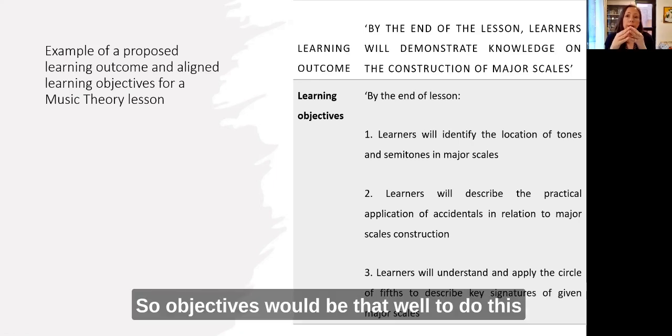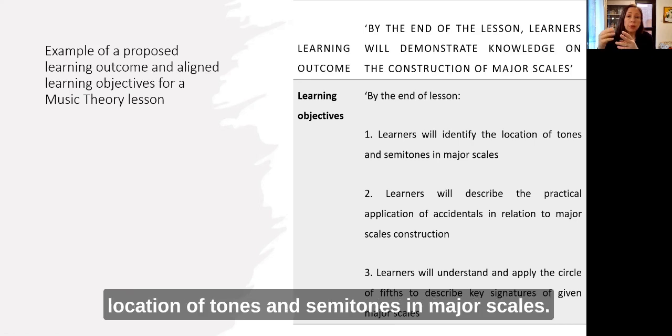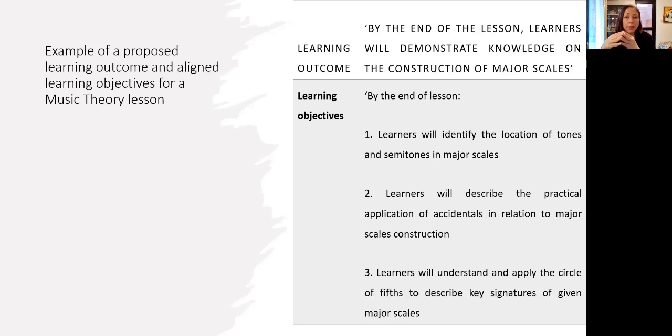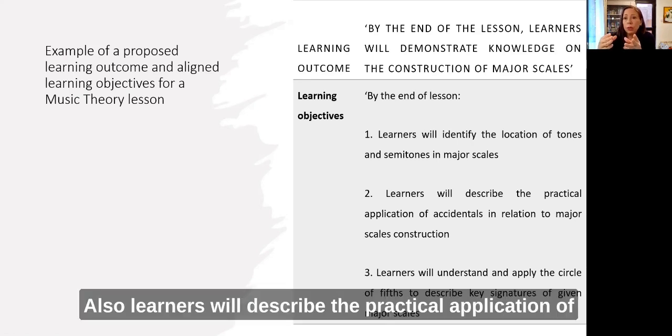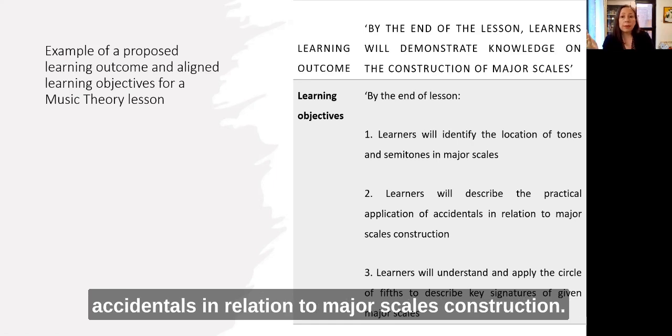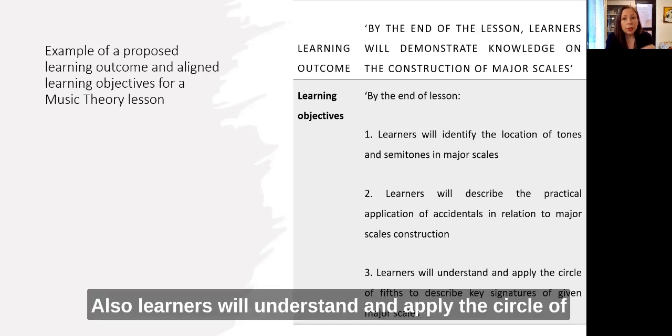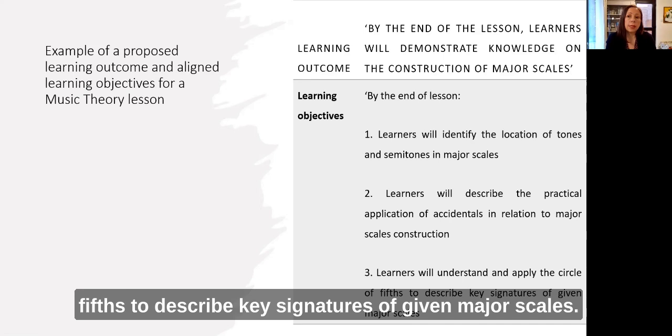Objectives would be that, to do this, learners will need to be able to identify the location of tones and semitones in major scales. Also, learners will describe the practical application of accidentals in relation to major scales construction. Also, learners will understand and apply the circle of fifths to describe key signatures of given major scales.